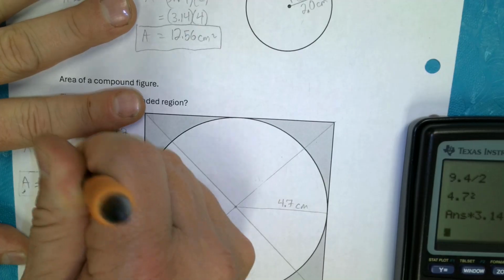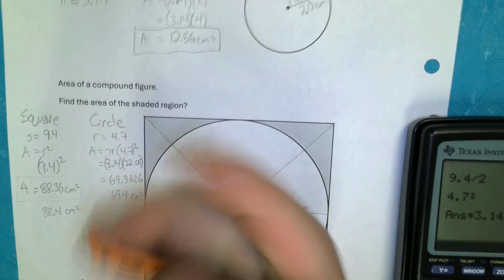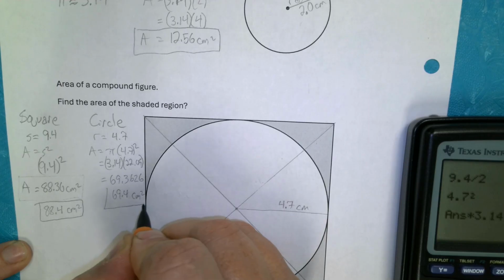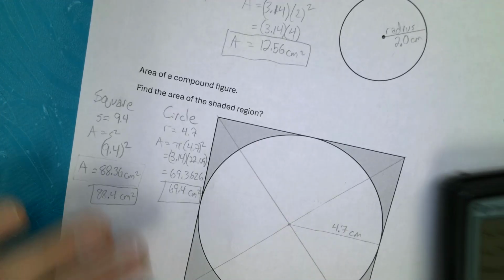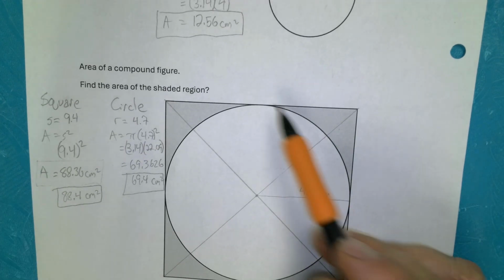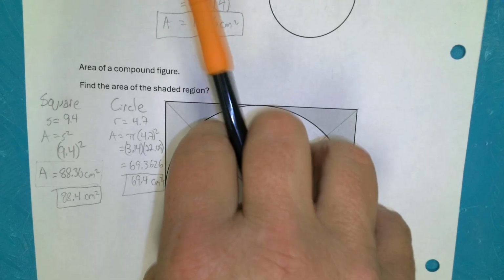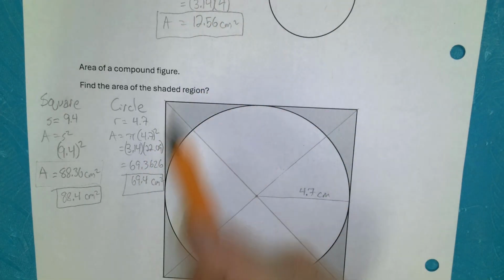We have the area of the square and the area of the circle. How do we find the area of the shaded region? So if you thought, well, this is blank space, right? This area of the circle has been taken out of the square.